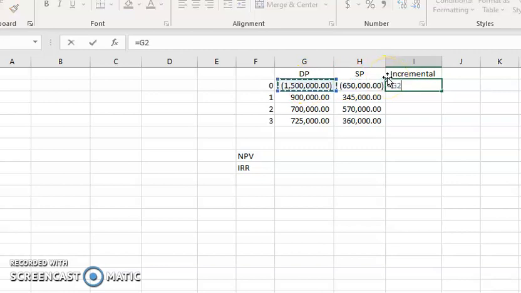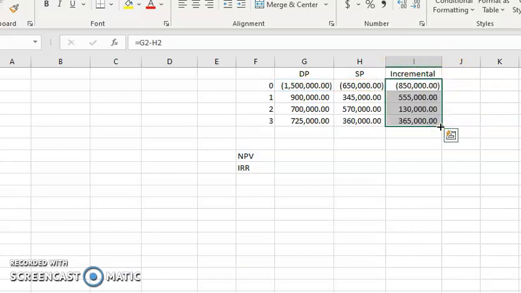So equals the larger, the DP, minus the SP. Those are your cash flows. What you're doing here is an IRR calculation, and as long as the IRR is greater than the required rate of return, then you're going to accept that project.